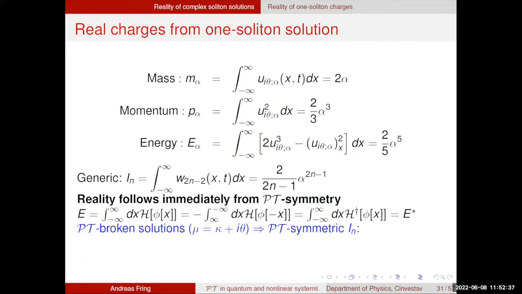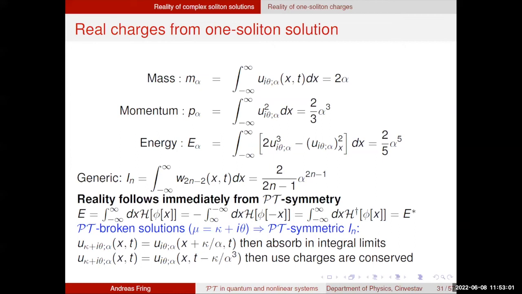What happens in this case? I'm putting here now a kappa also in this parameter in the solution, but here's an integral in x, and I can just absorb this into the limits of the integration by a shift. And then it's PT-symmetric again.